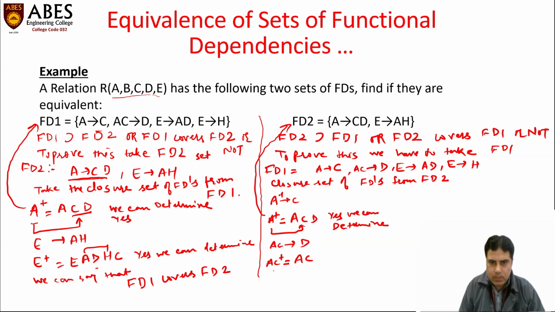We can determine from AC to AC, then A to CD. From AC, we can determine D. Yes, we can determine. Now take another FD, E determines AD. Take the closure set of E. From E, we can determine E, from E to AH and from A to CD. Yes, we can determine AD from E.